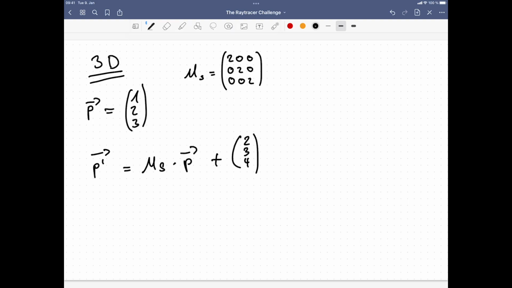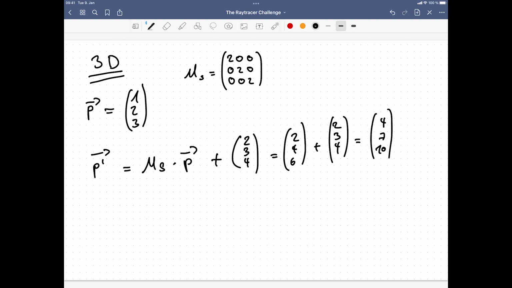And this, of course, would work out. Then we would have something like 2, 4, 6, which is our scaled vector, plus 2, 3, 4 here. And it would be 4, 7, 10. And yeah, of course, this would work.